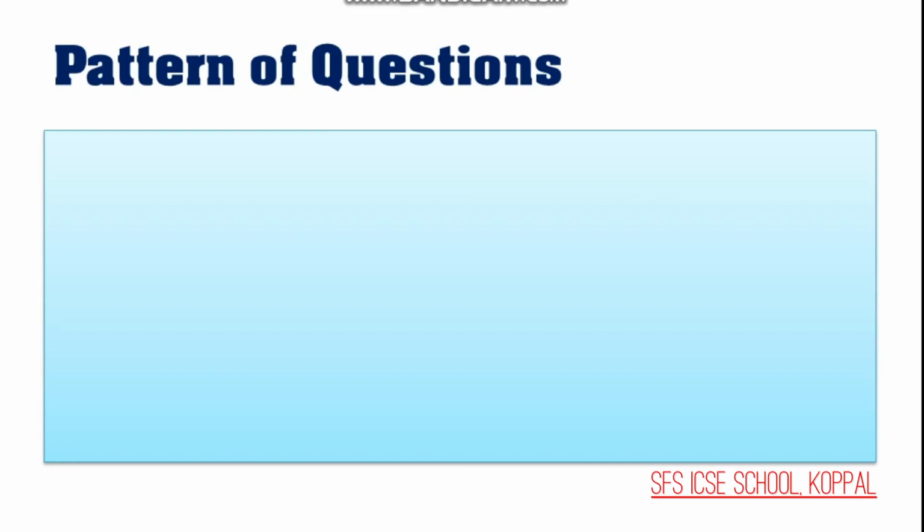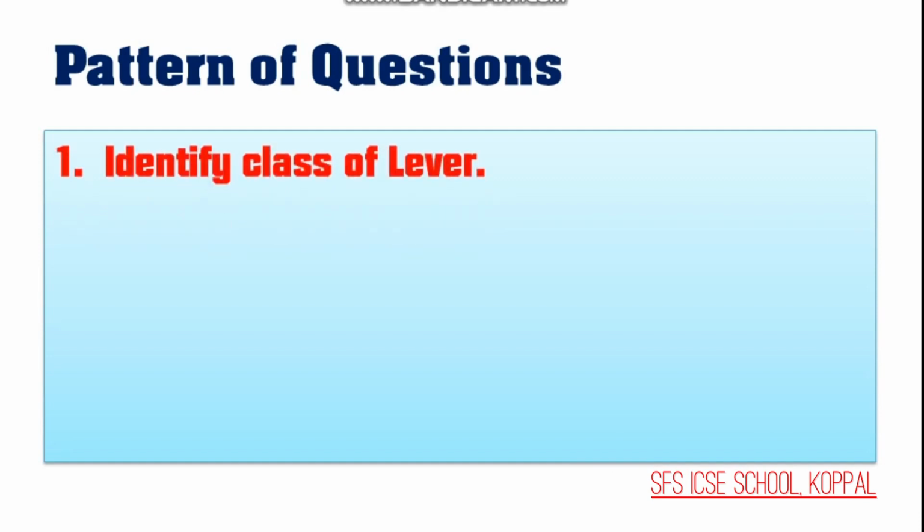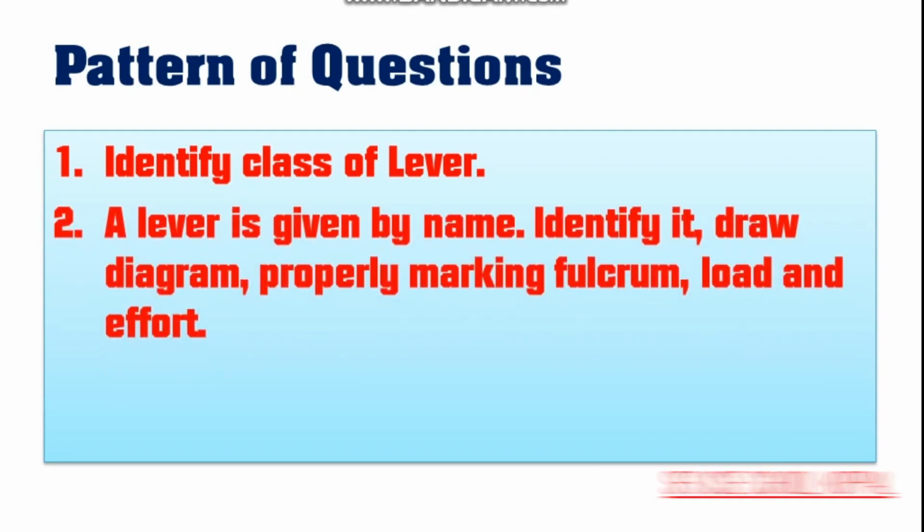As we have already studied about lever, let us discuss the pattern of questions which may come for examination other than definitions from this part. Number 1, usually there is a compulsory question to identify class of lever. Number 2, name of a lever will be given.